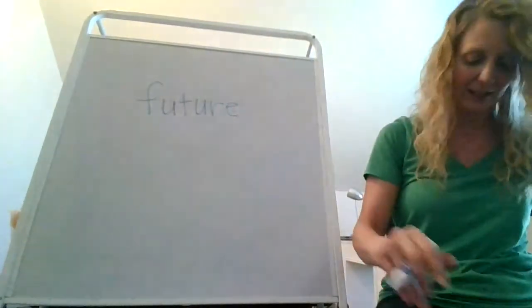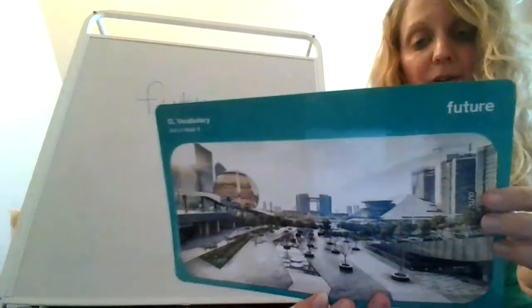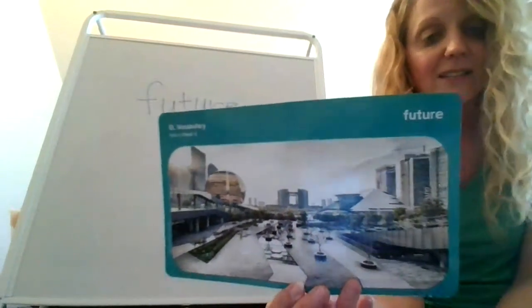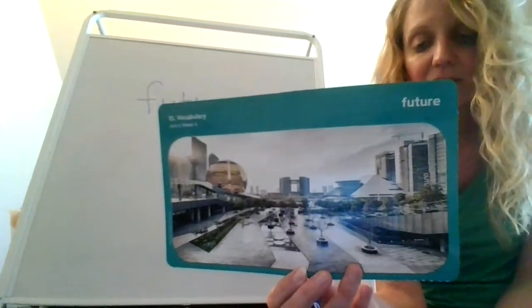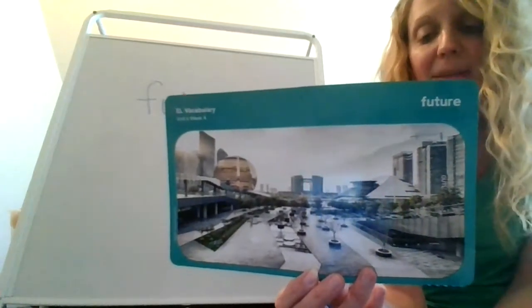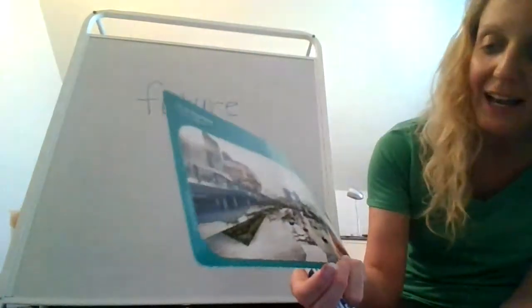Okay. All right, so say future. Future means a time that has not yet come. Okay. The example says, many cities in the future will look different than those today.